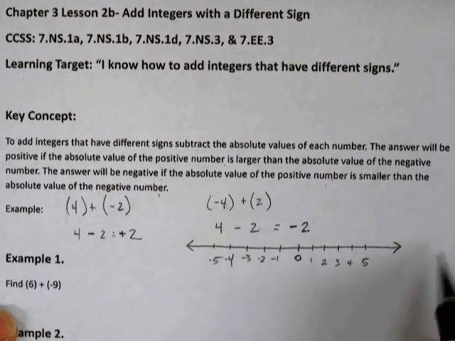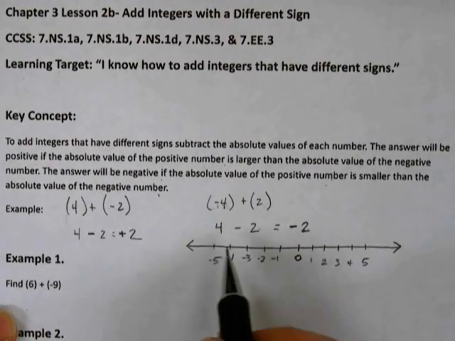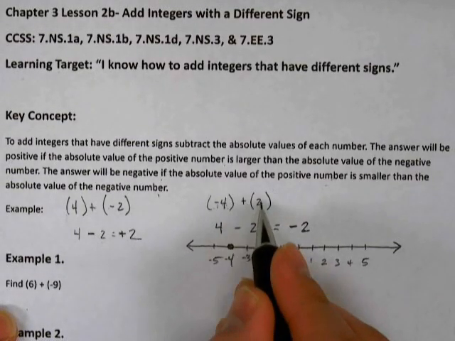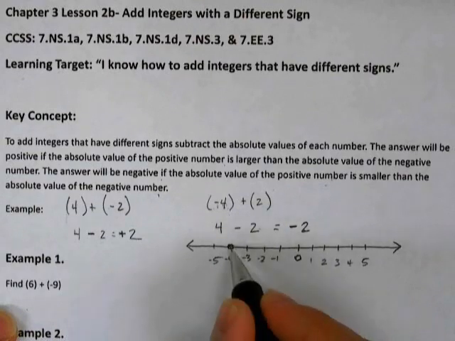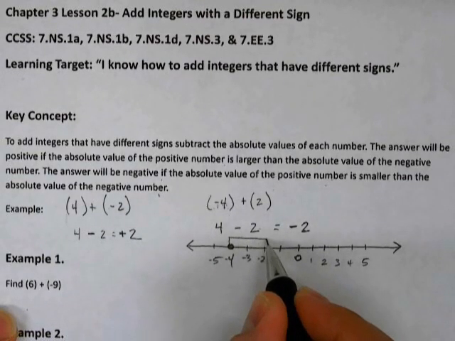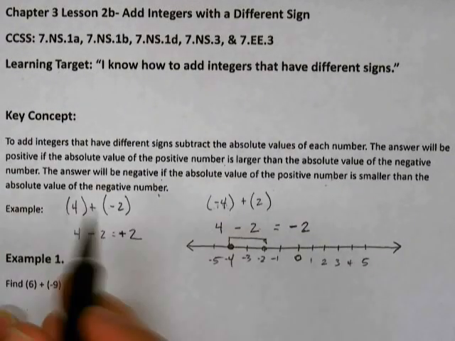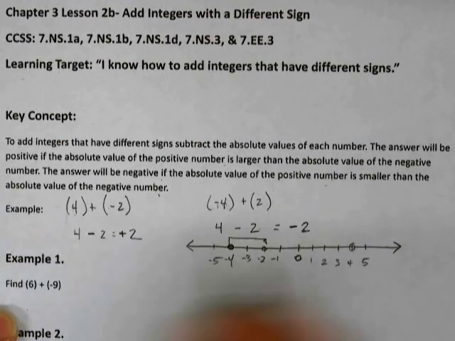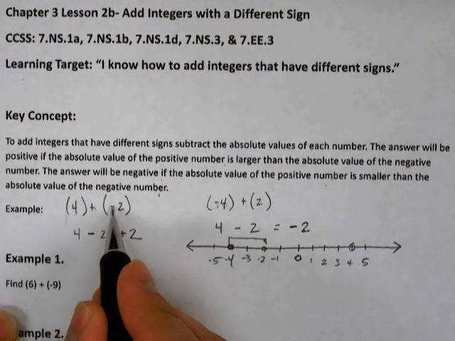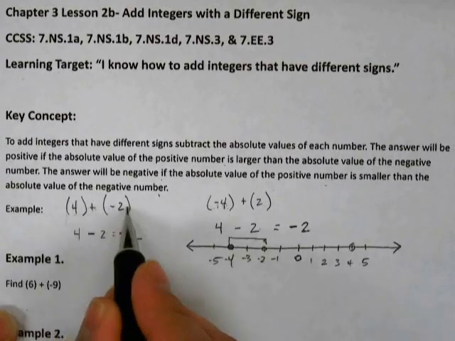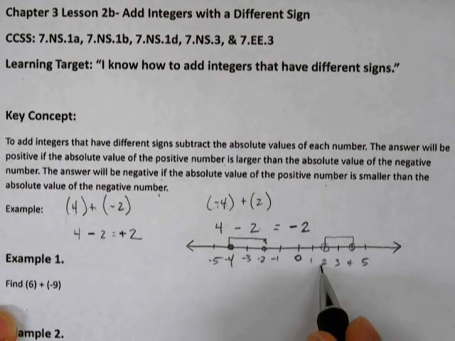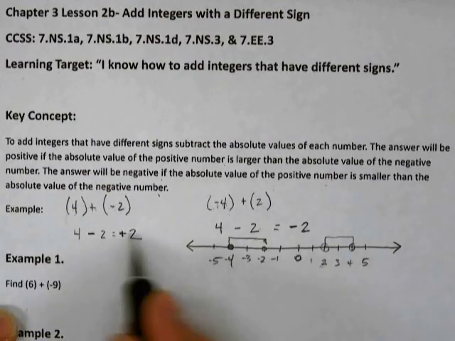You're starting at negative 4, and you put a dot there. And you're adding 2, which means adding is going to the right. So you go over 2 spots to the right, which is right here. So the answer is negative 2. Or if we take it the other way, you're starting at positive 4 plus a negative 2, which means the negative cancels out the plus, so you're going back 2. You go back 2, and the answer then is positive 2. And that's exactly what we got on both sides.